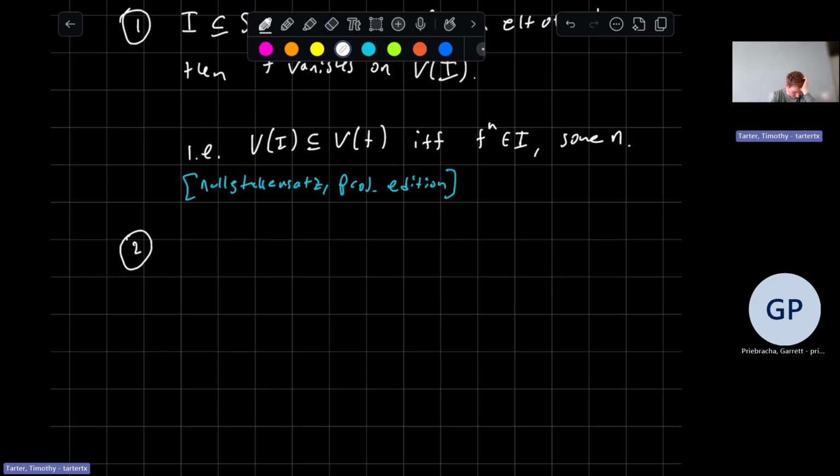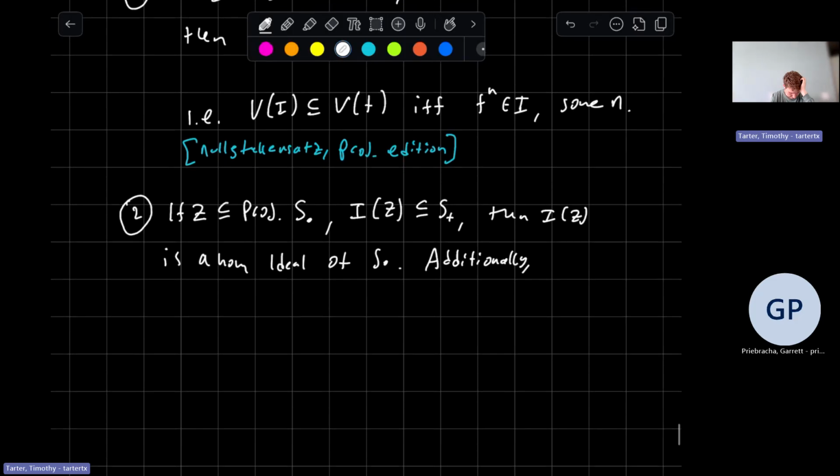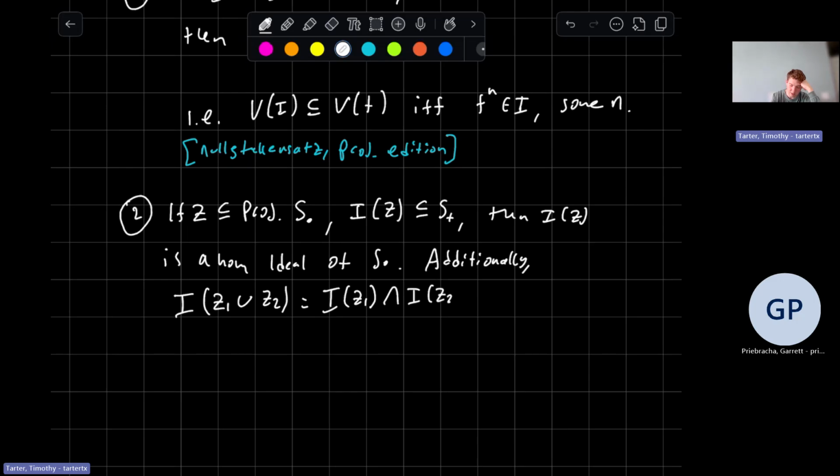Part two of this theorem is that if Z is contained in Proj S, and we define I of Z to be contained within S plus, then I of Z is a homogeneous ideal of S. Additionally, I of Z1 union Z2 is equal to I of Z1 intersect I of Z2.